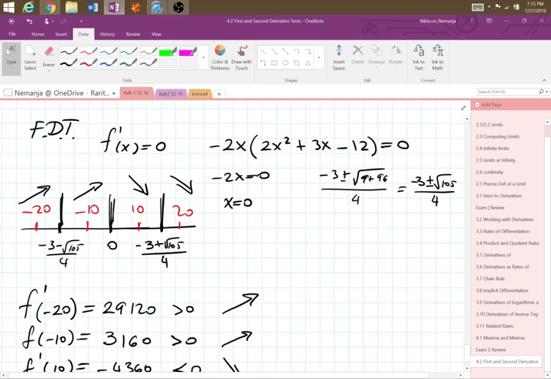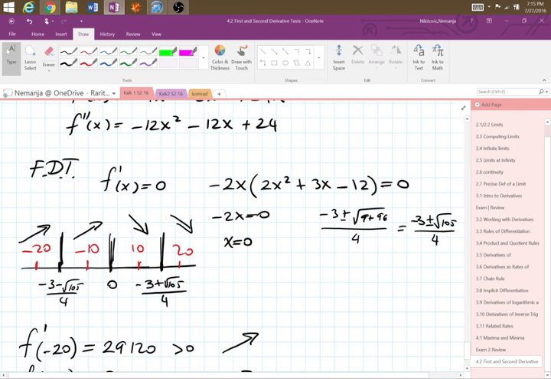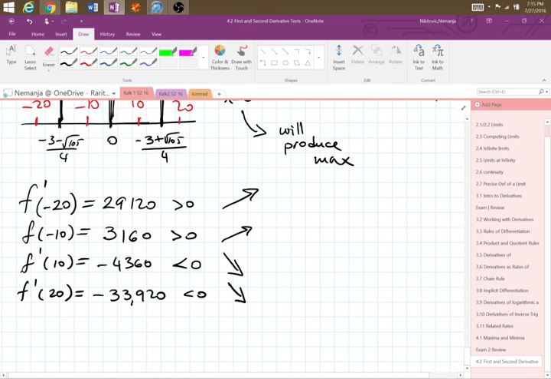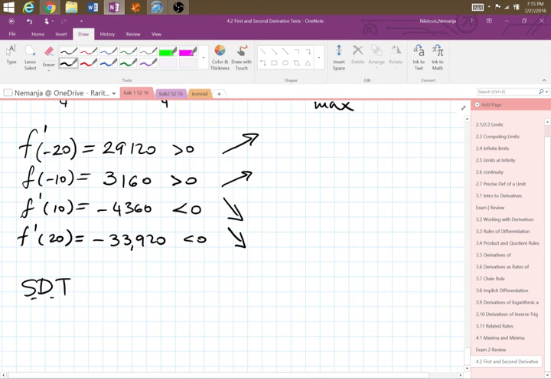Awesome. So we know there is a max at 0. x equals 0 will produce a max. Yeah, 0, 0 is the max. Good. So now the second derivative test is when you take the second derivative and set it equal to 0.